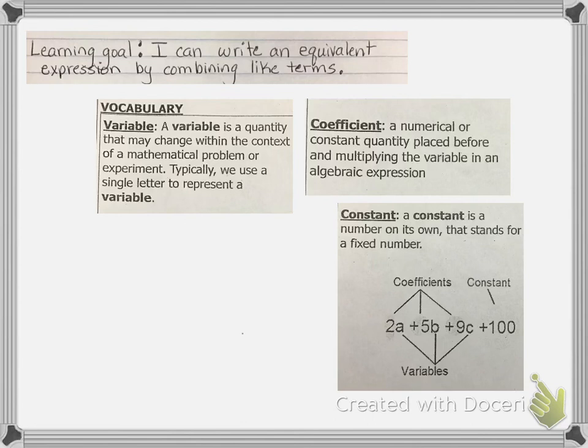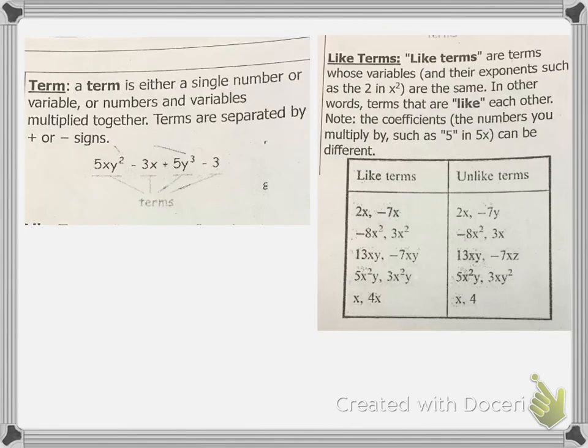So here we have our coefficients, right? 2, 5, and 9. We have the variables, A, B, and C. And at the end there, we have our constant, which is 100. Let's go to the next page.